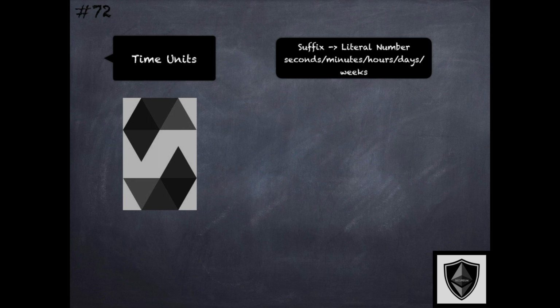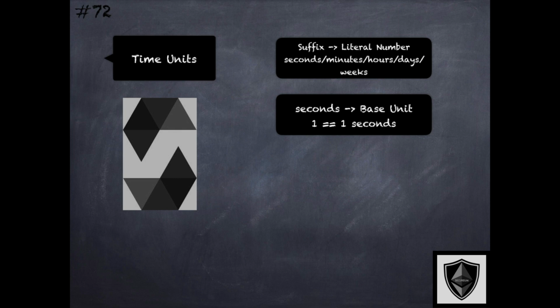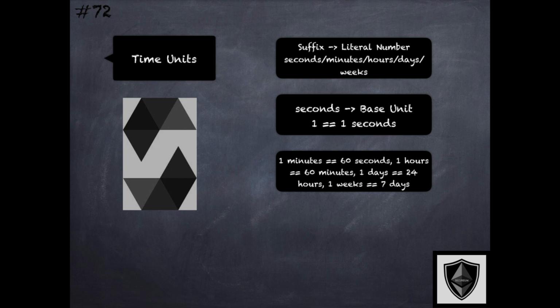These suffixes are seconds, minutes, hours, days, and weeks. The base unit for time is seconds. So literally, 1 is the same as 1 seconds. 1 minute is 60 seconds, 1 hour is 60 minutes, and so on, as shown here.